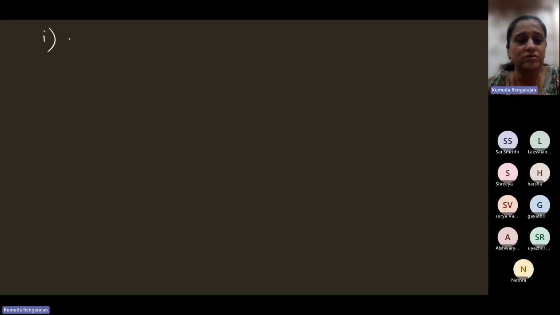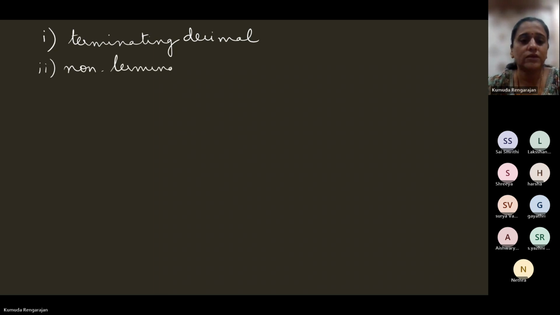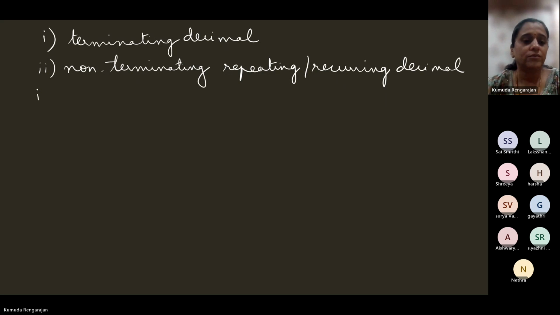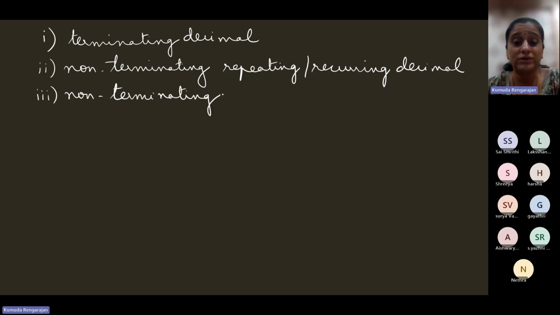So these are the three types of decimals: terminating decimal, non-terminating repeating or recurring decimal, non-terminating, non-repeating decimal.